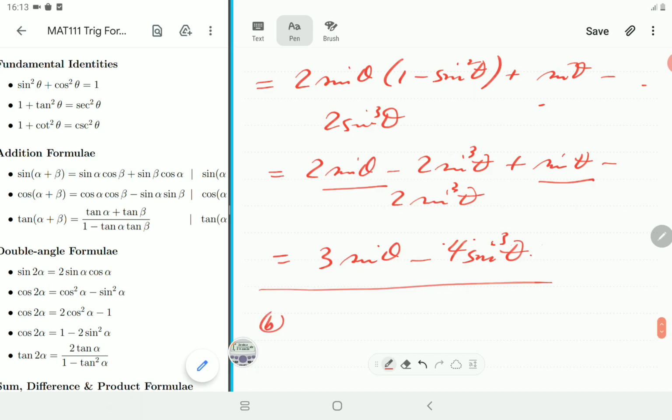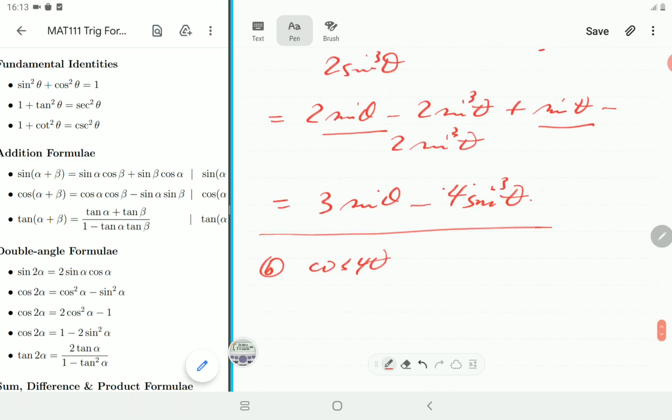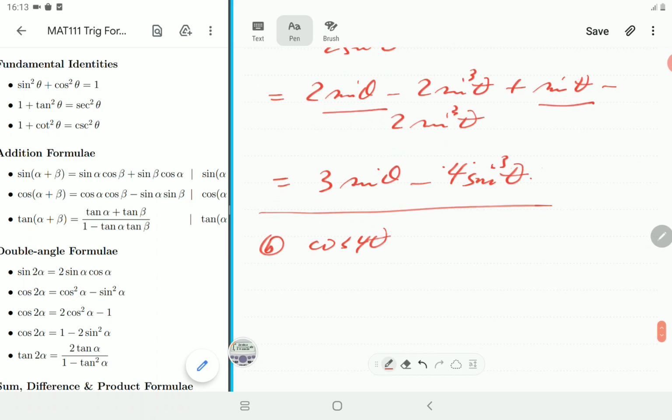Then in B, we're going to work out cos 4 theta. We want to write it out in terms of cosines. The way we're going to go about this is we're going to use the double angle formulas. So here, cosine 2 alpha is 2 cosine squared alpha minus 1.